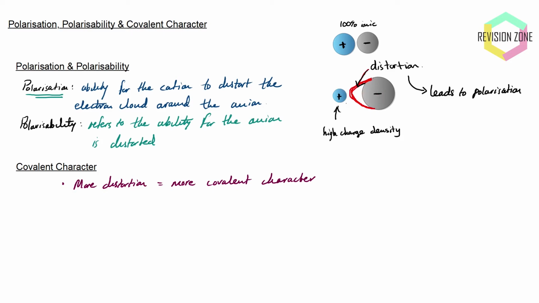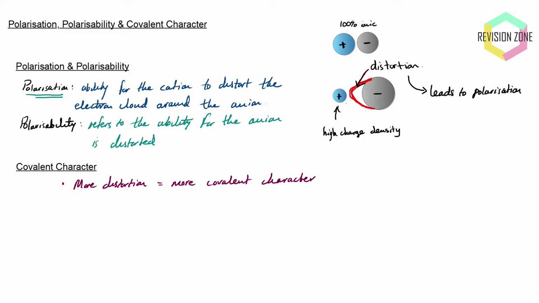It's not a covalent bond, it's still ionic, but it's giving characteristics or features of a covalent bond. So this is what we mean by it being covalent character. Whereas if we look at this one, there is no distortion of this anion, and therefore electrons are not being distorted and moving over, and there's no characteristical features of a covalent bond. Therefore it has no covalent character.